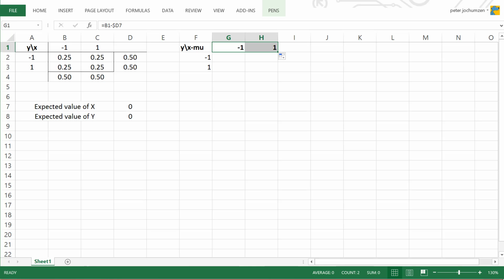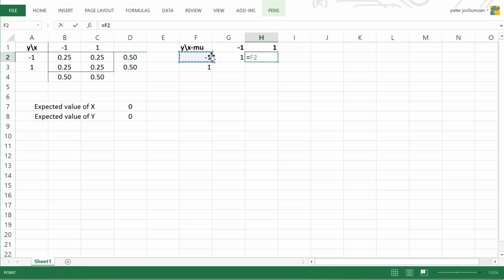To find the covariance, what I need to do is to take the product of these possible numbers. So I take the product of the corresponding number here and here to get a value here. So it's this times this. Similarly, I do exactly the same thing here.